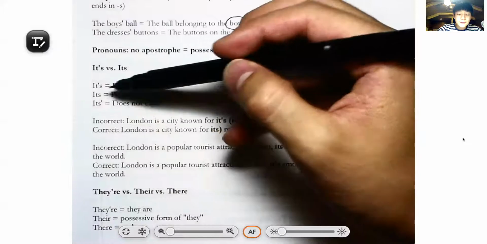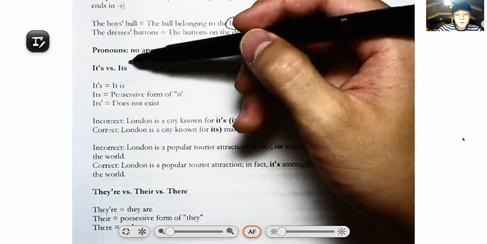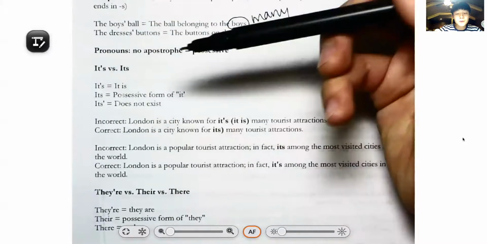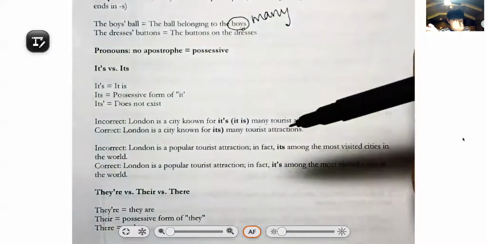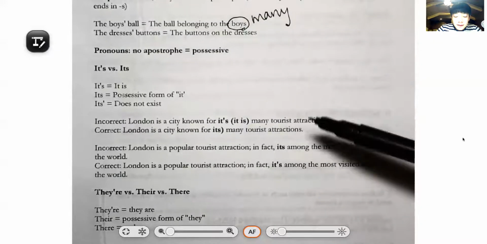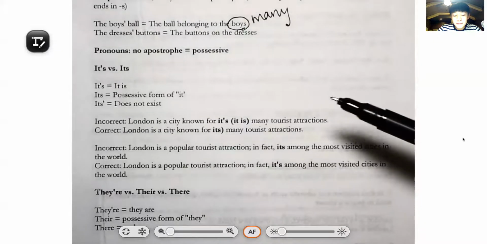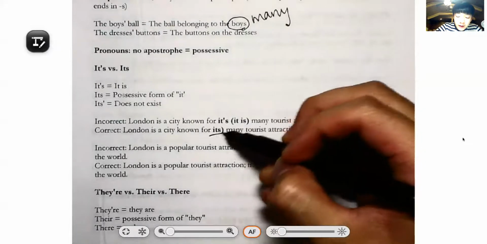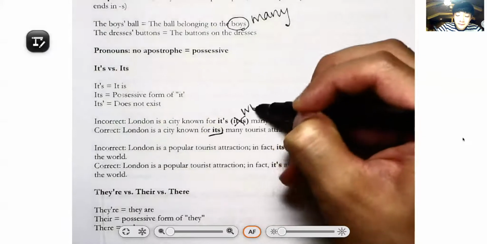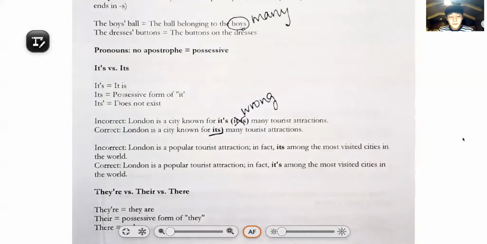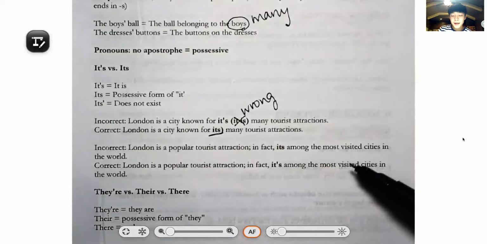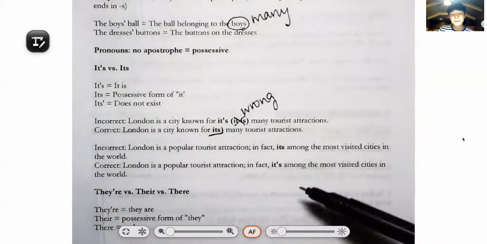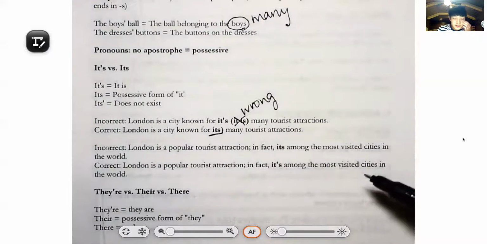It's with an apostrophe is an abbreviation for "it is," whereas "its" without an apostrophe is the possessive form of it, right? So this is really confusing, but you have to know. London is a city known for its many tourist attractions. So notice that you have to use this version right here. This is wrong, right? So know that. And then, of course, there's another pair here in which "it's" is right, I'm sorry. In fact, it is among the most visited cities in the world.